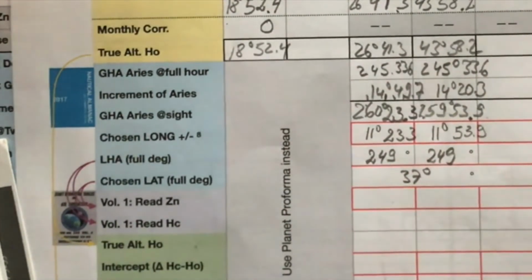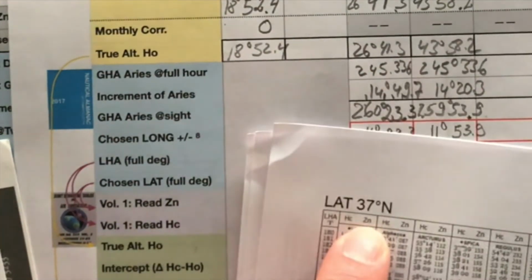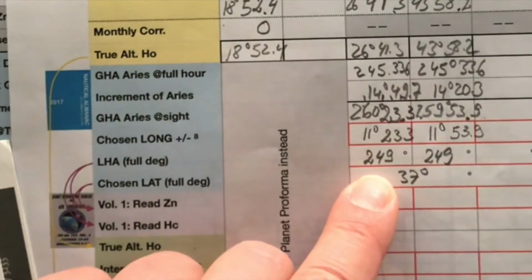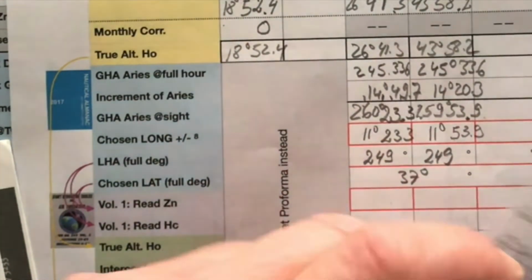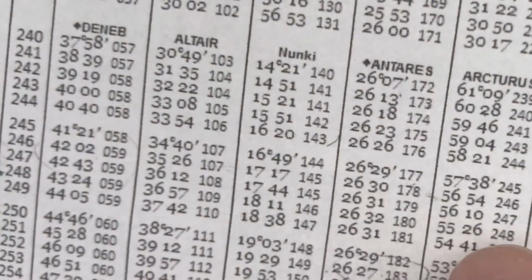So we have our latitude of 37 degrees. We have our local hour angle of 249, which actually all happens to be around, you can see here, which happens to be exactly around twilight. So that's when we shot it.